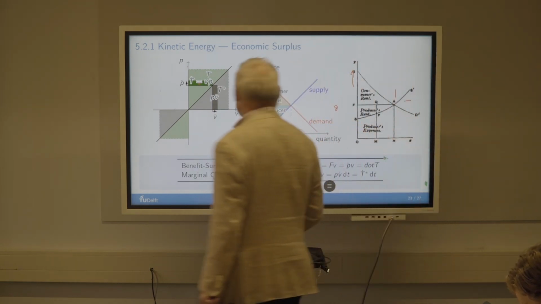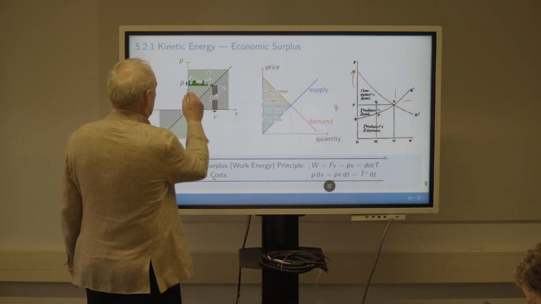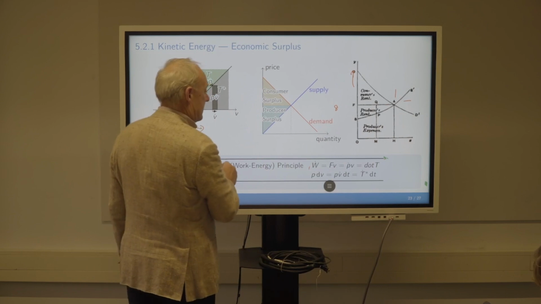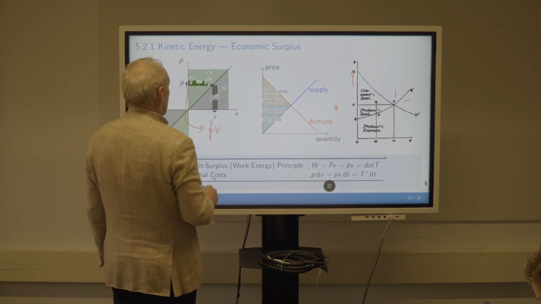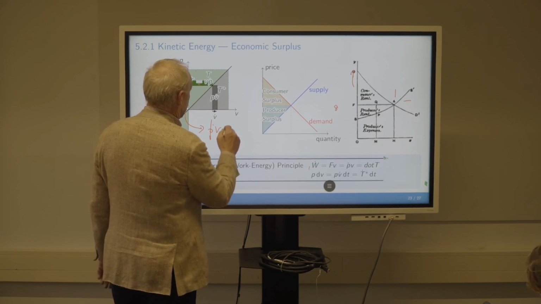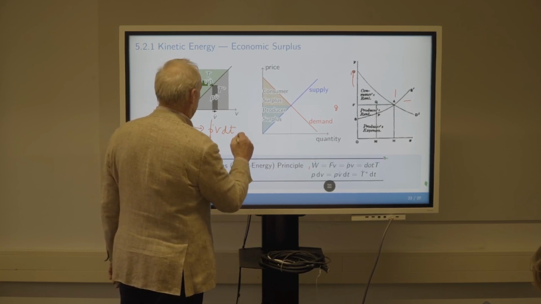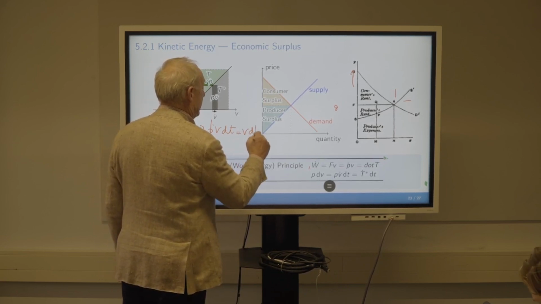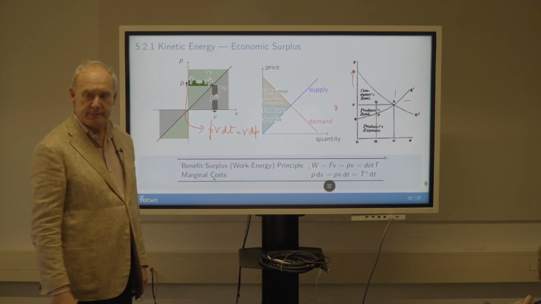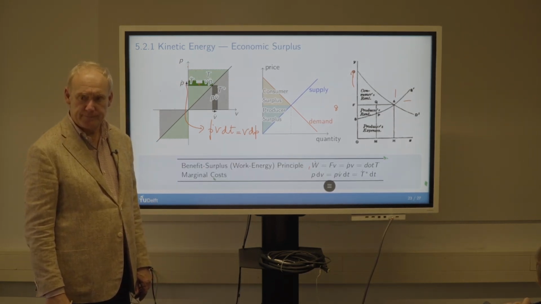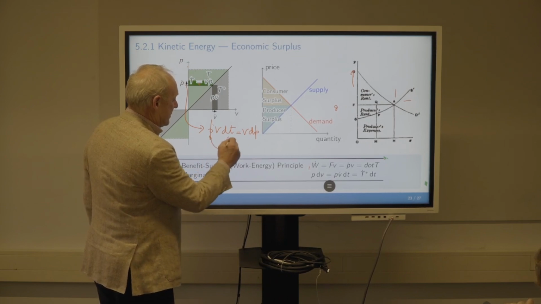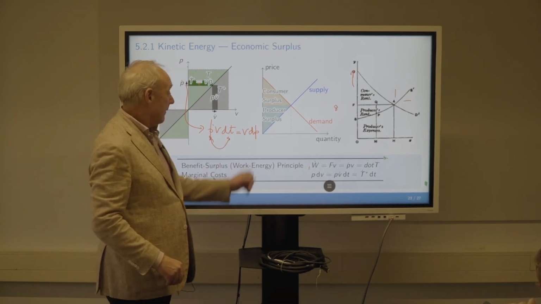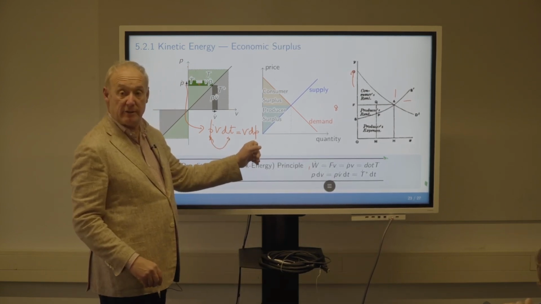The way I'd like to see this is the change in price times the flow. If I do that times dt, then that will be equal to v times dp. Why? Because the rate of change in the price over an interval dt, that is the price action.